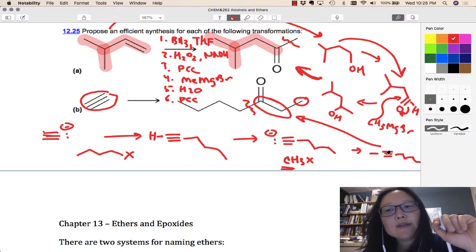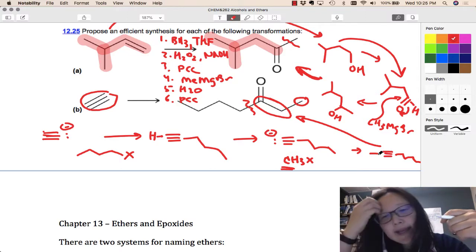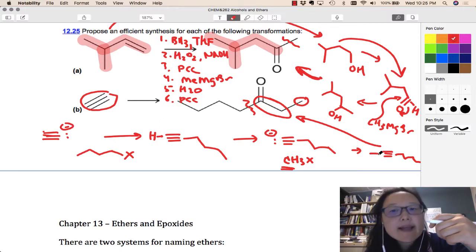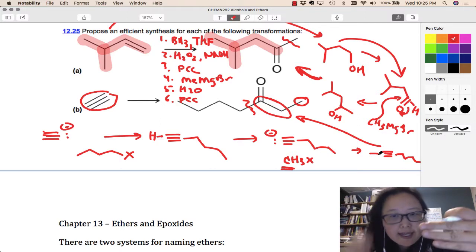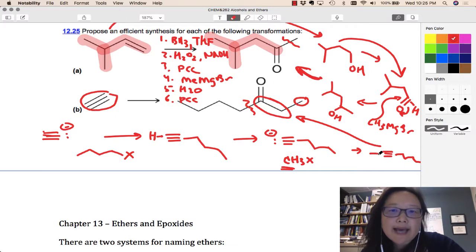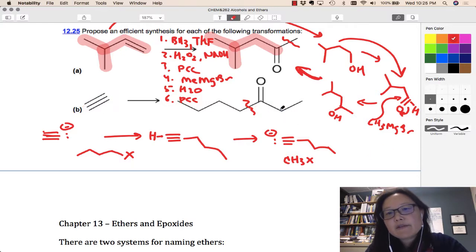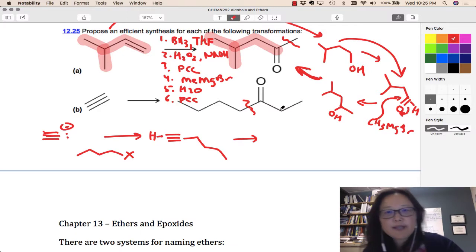So I need to maybe keep my terminal alkyne, have some selectivity, and then see if there's a way to add this group together later. So maybe a better option would be to use the Grignard at some point.